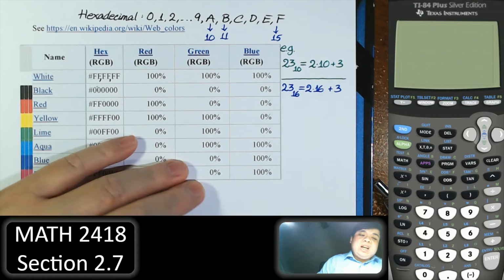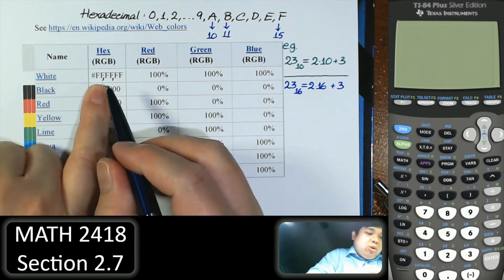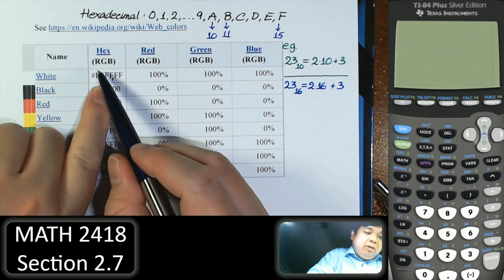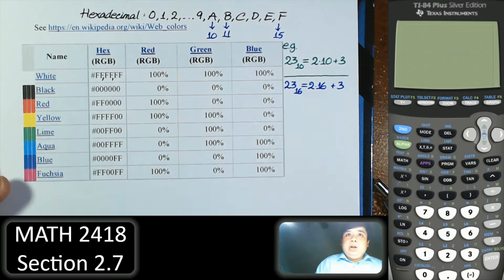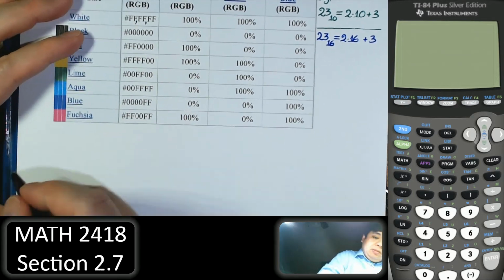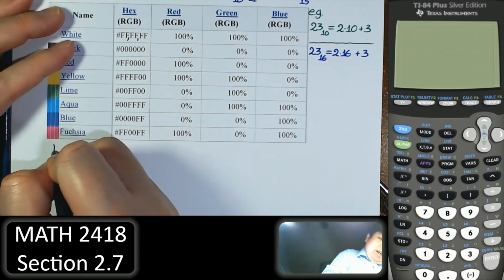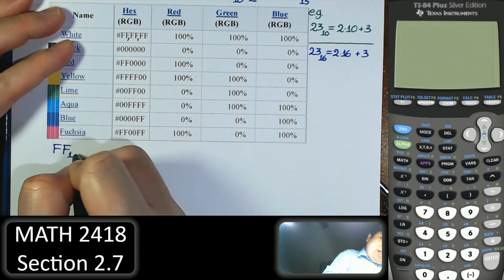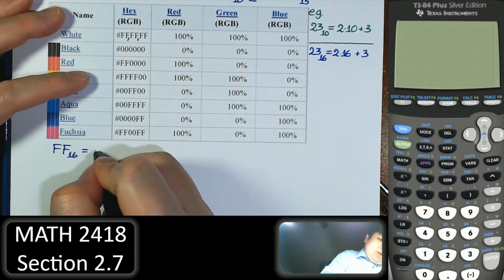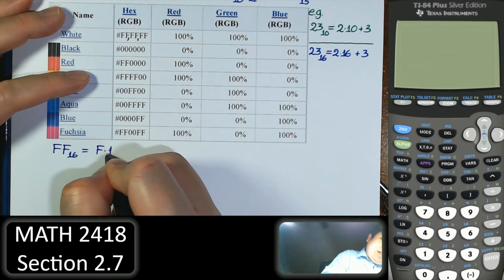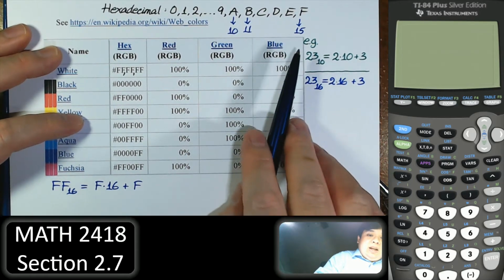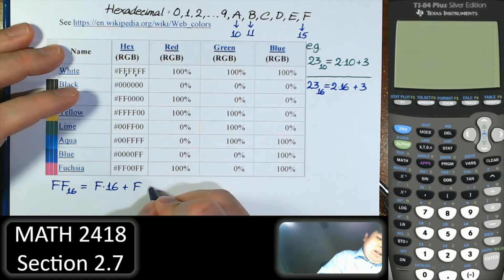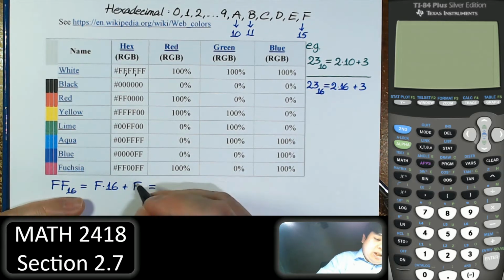So for white, we have FF for red, FF for green, and FF for blue. So what is FF equal to in hexadecimal? FF in base 16 is F times 16 plus F, and F is equal to 15 in the decimal system.